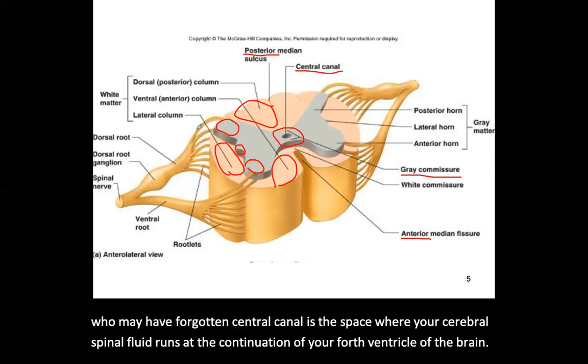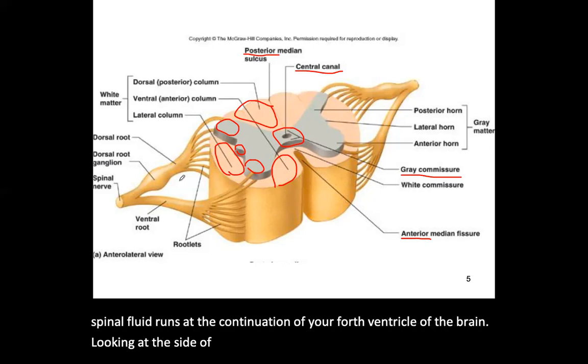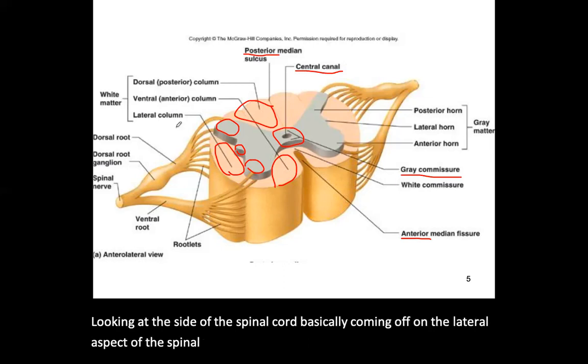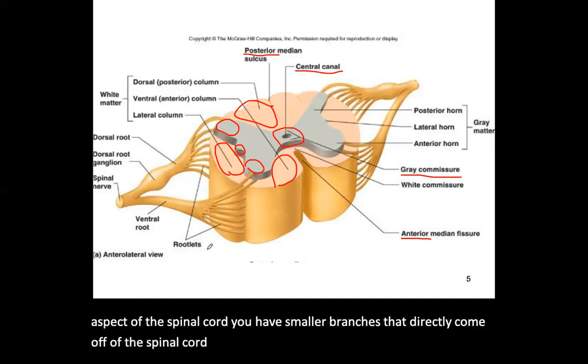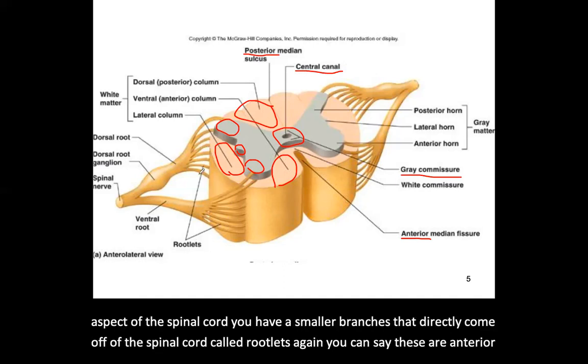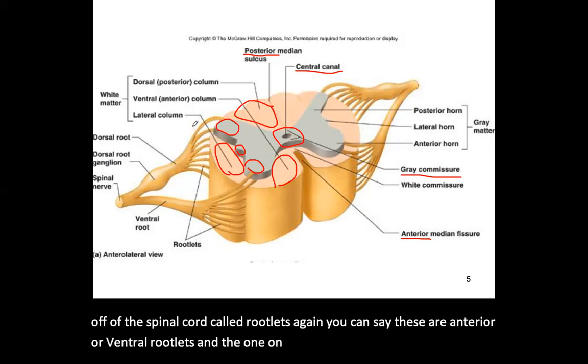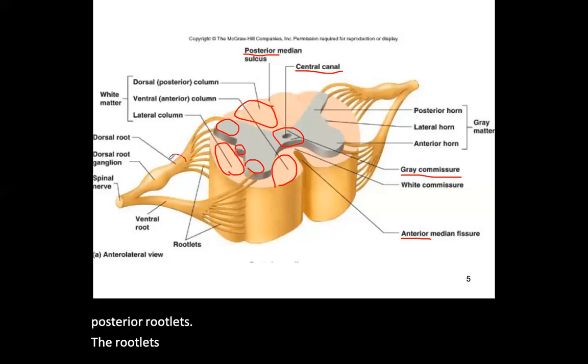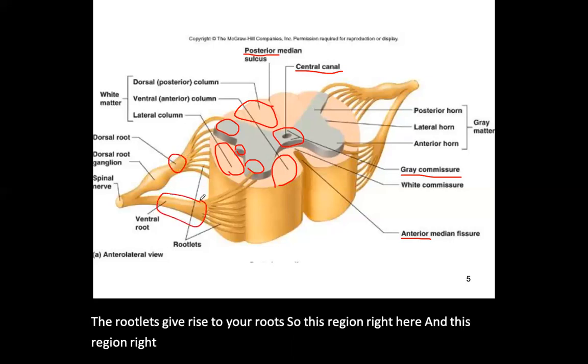Looking at the side of the spinal cord, coming off on the lateral aspect, you have smaller branches that directly come off of the spinal cord called rootlets. You can say these are anterior or ventral rootlets, and the ones on the back would be your posterior rootlets. The rootlets give rise to your roots. So this region right here and this region right here would be your roots.